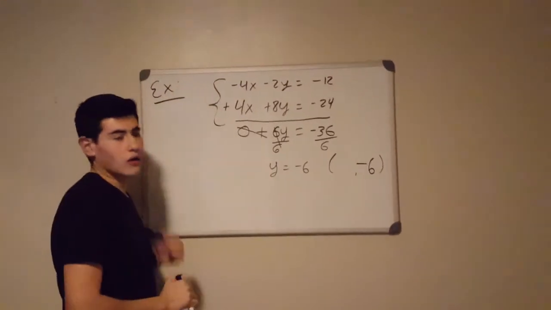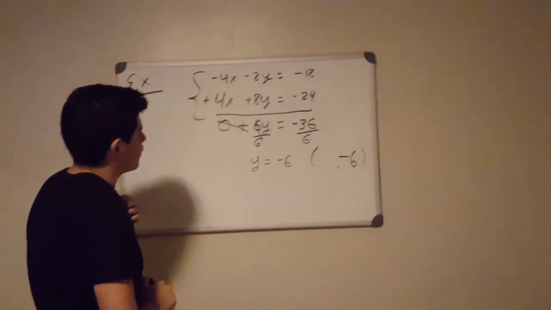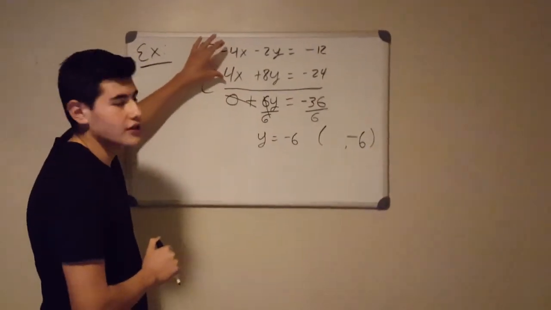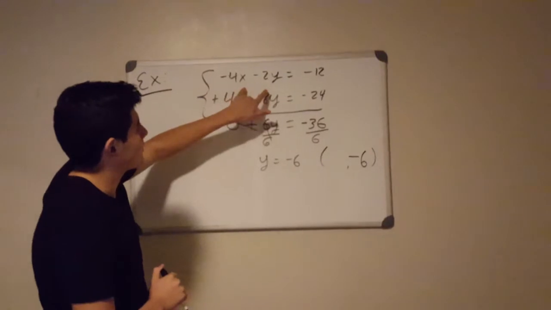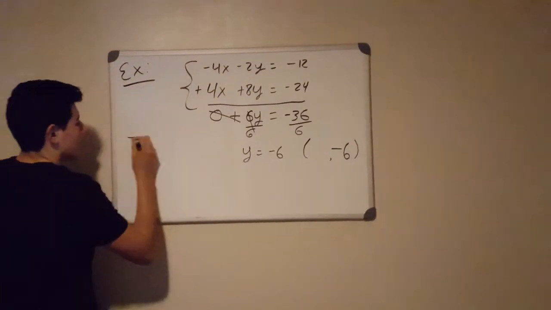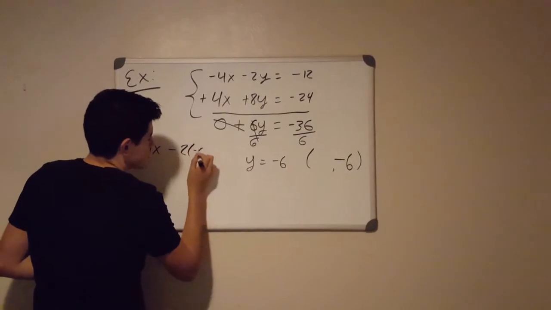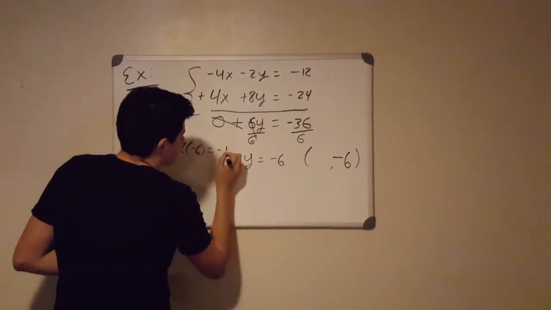Now we are going to plug that in to find x. We pick either of the two equations; it does not matter. I'm going to pick the first one. So we have negative 4x minus 2, plug in y, which is negative 6, is equal to negative 12.